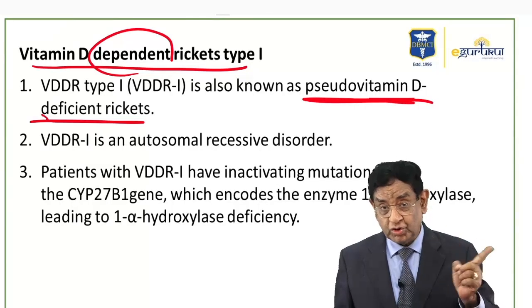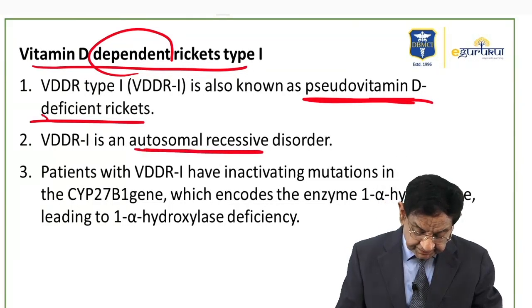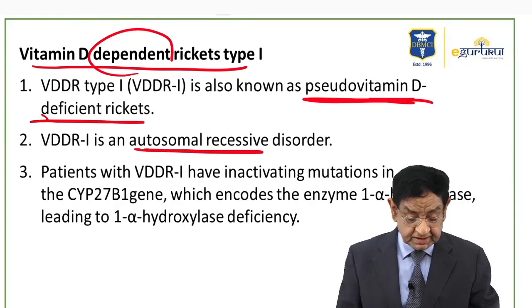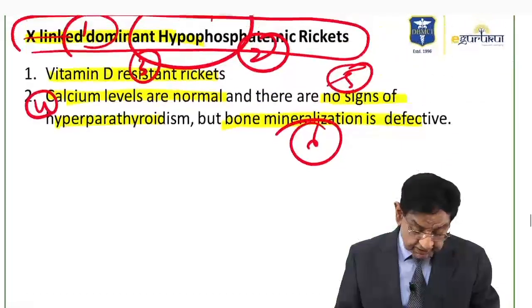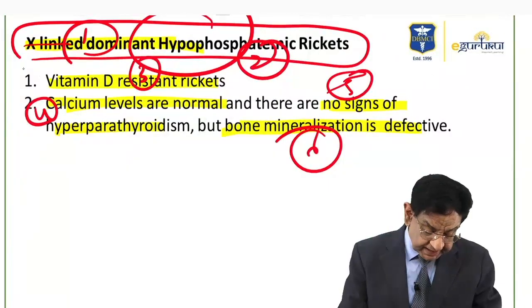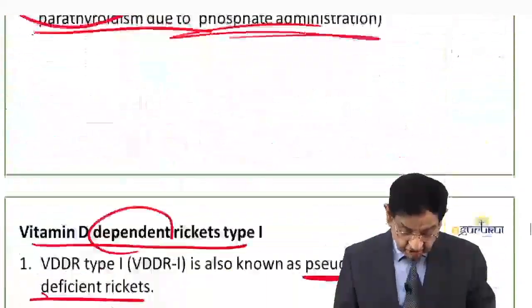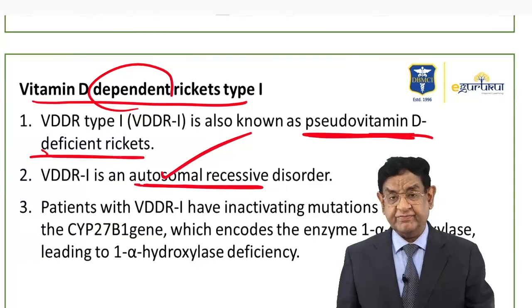Pseudo, not true. It is autosomal recessive. Point to be noted, the previous one was X-linked dominant. Here we are getting autosomal recessive. Point to be noted very carefully.